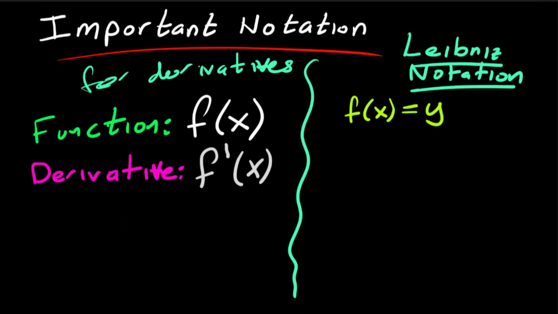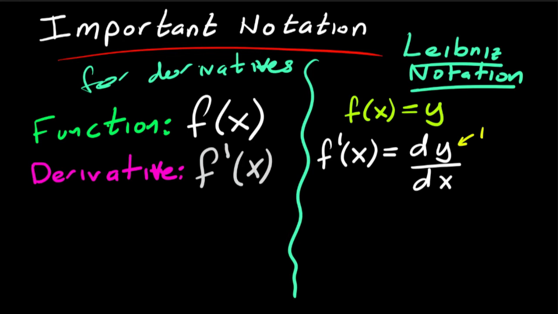Now the derivative, another way of writing the derivative is, this is Leibniz notation, dy over dx. The way to read this is the derivative of y, and then this tells you with respect to what quantity you're getting the derivative.